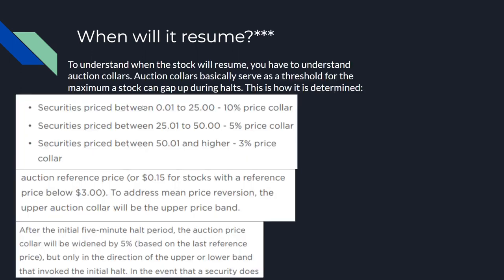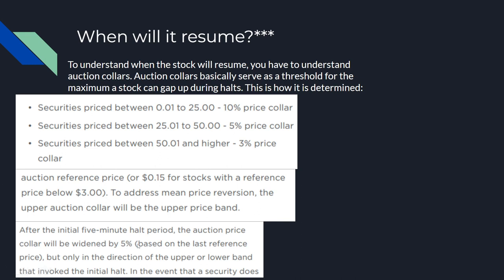But yeah. Now the reasoning is because there's this thing called auction collars, and they pretty much work as thresholds to the maximum a stock can gap up or down, and this is how it's determined here. So we'll just look at this one. 10%. So say the stock halts at 10, it can only gap up 10%, otherwise it'll get delayed, and every 5 minutes they get widened by 5%.